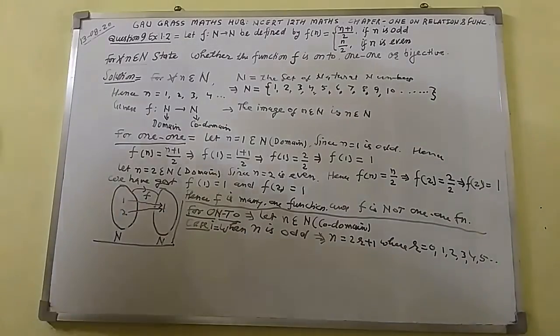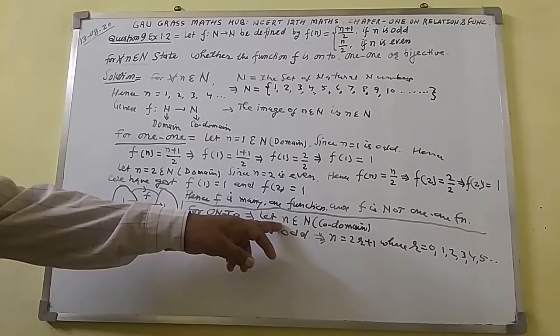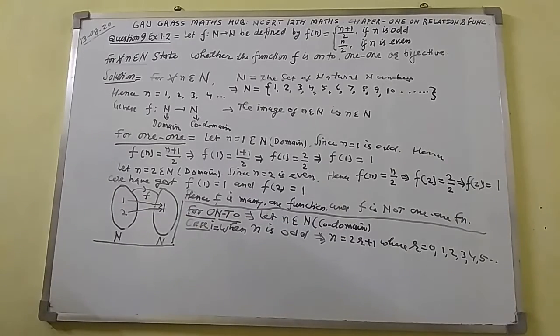So what will we do in this case? Here I have let small n belong to capital N, that is codomain in this case. So what will we do? Here I shall put the value.